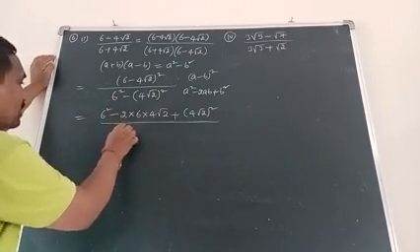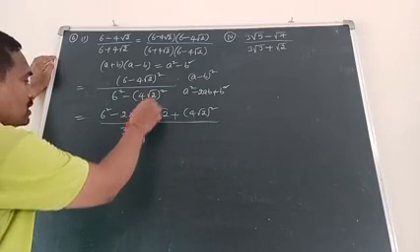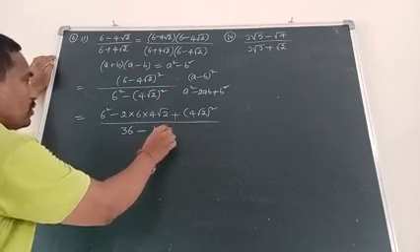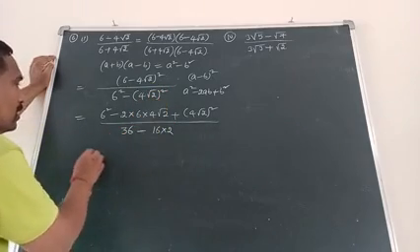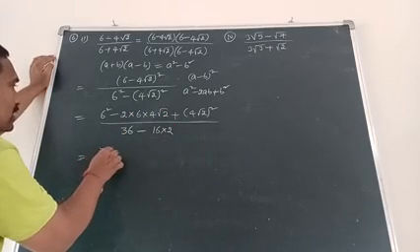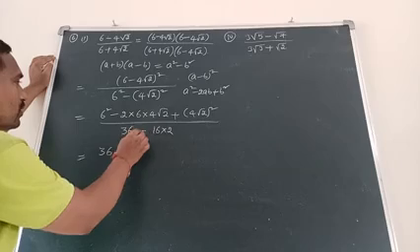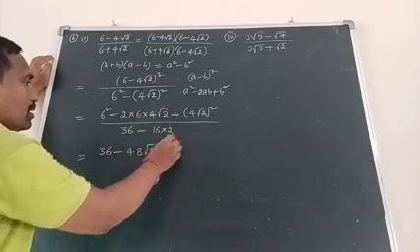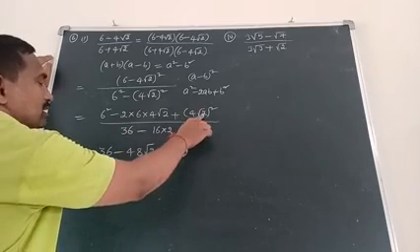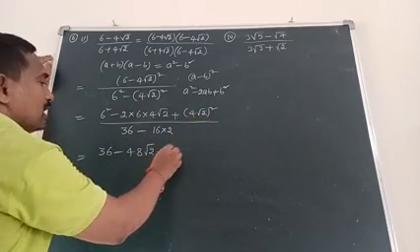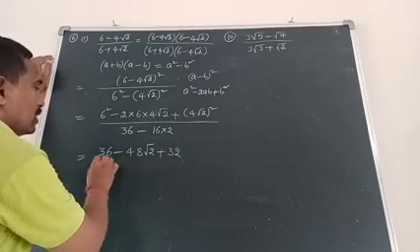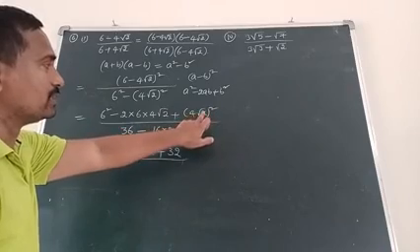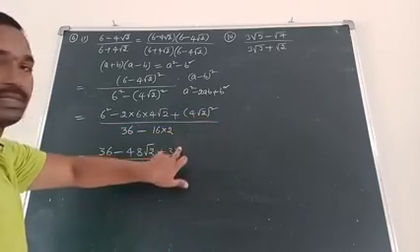Denominator: 6 square is 36 minus 4 square, 16, root 2 whole square, the square and root get cancelled. So 6 square 36 minus 2 6s are 12, 12 4s are 48, 48 root 2 plus 4 square 16, the square and root get cancelled, 16 2s are 32.